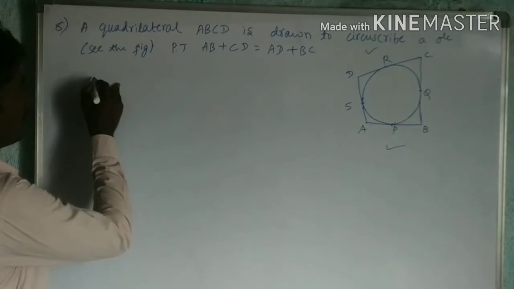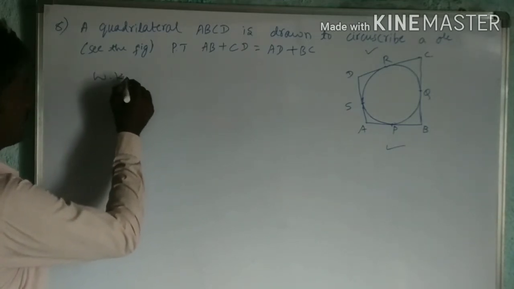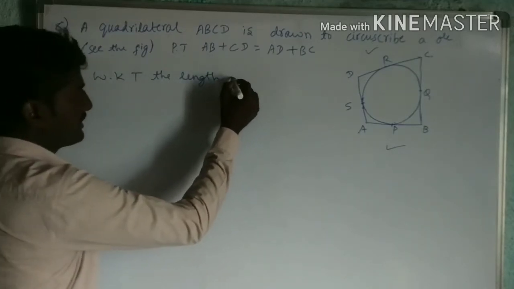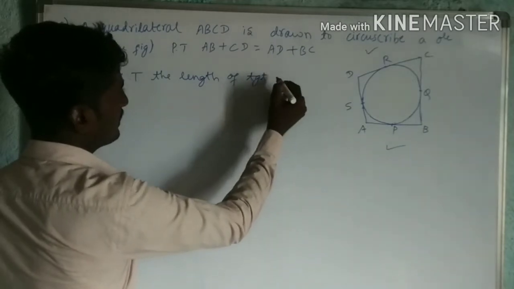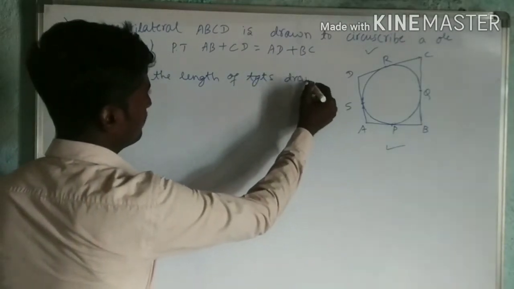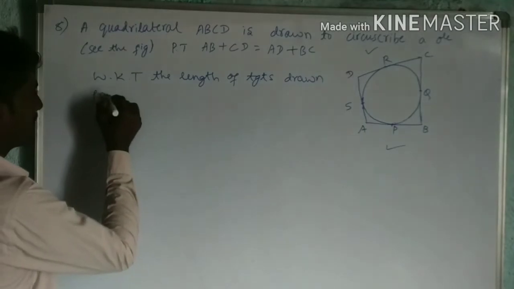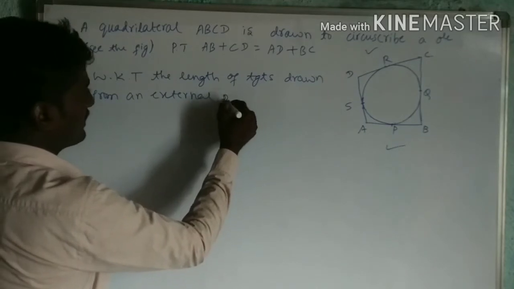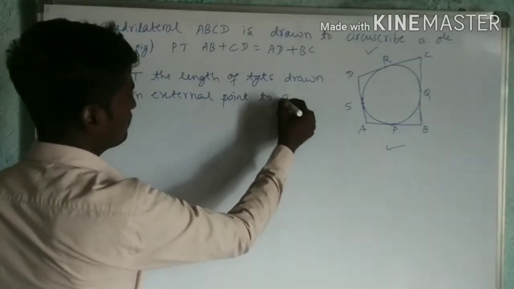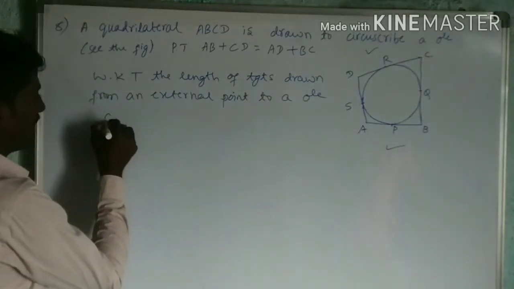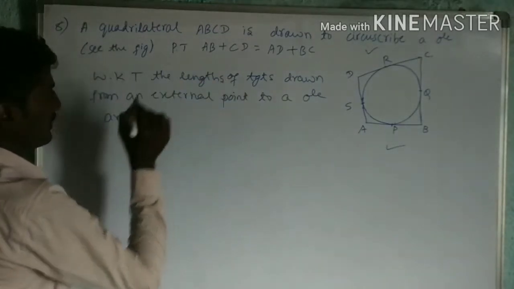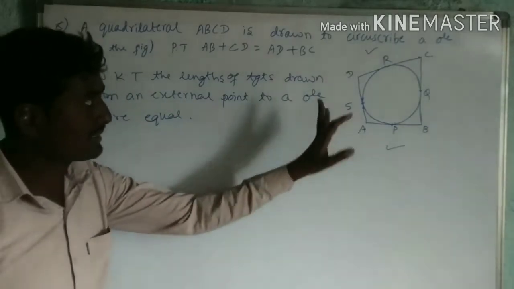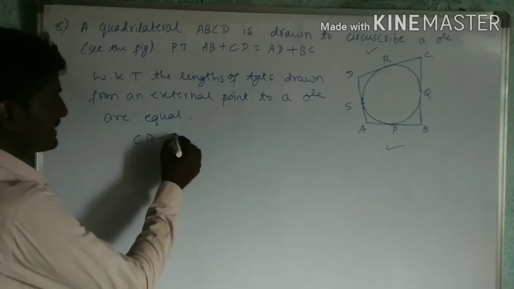First I'll write, we know that the lengths of tangents drawn from an external point to a circle are equal. By using this concept I can write CR is equal to CQ.